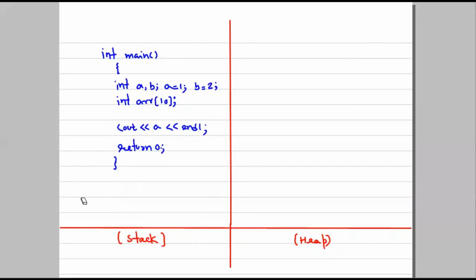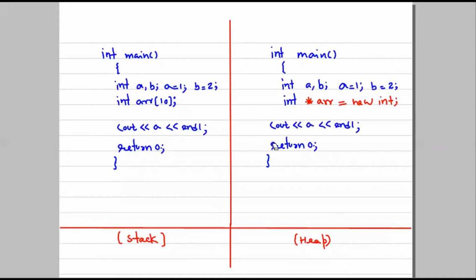So how to store data on heap? There is a way. It is the same as this a and b, and a is 1. This is not heap data, but if we use the new keyword like this, it is an integer, and arr is an integer type pointer, and we use new. This is actually the way to create dynamic memory. So what will happen?